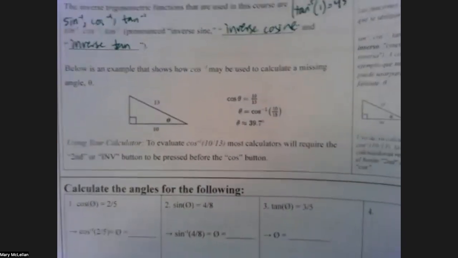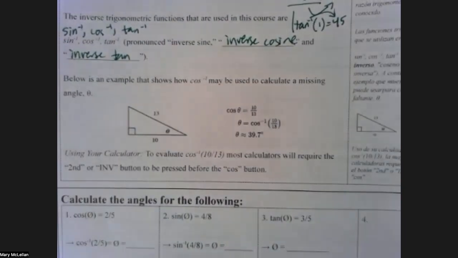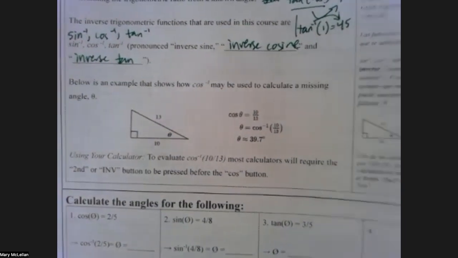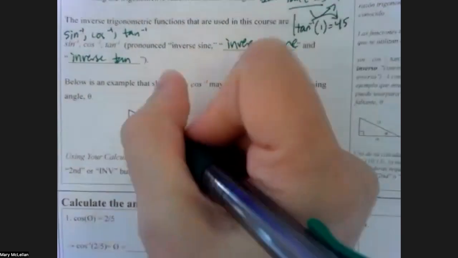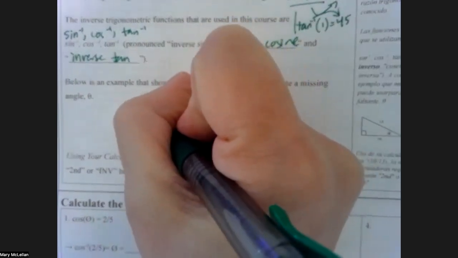Okay, so right here we have an example that shows how the inverse cosine can be used to calculate a missing angle, theta. Here we have a triangle, and again, I'm not sure if you can see this on the recording because I know that the production value is not super high. So I've got a triangle with an adjacent leg, length 10. It's a right triangle. The hypotenuse is length 13.